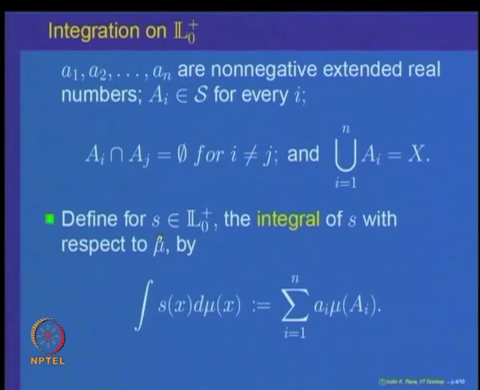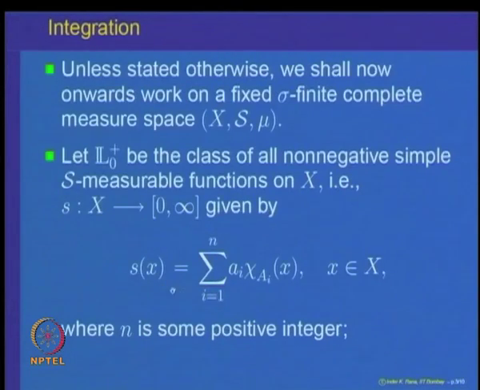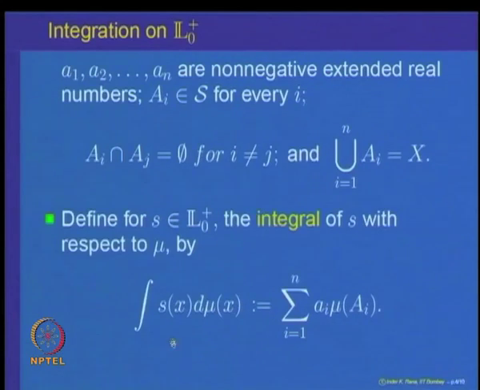So, for a function s in this class, if its representation is as given before, that is s of x is equal to the sum of a_i times the indicator function of capital A_i, then its integral, denoted by the integral of s of x d mu, is defined as the sum of a_i times mu of A_i. a_i is the value taken on the set A_i, that is the value of the function on the set A_i, times the size of the set A_i, that is mu of A_i.